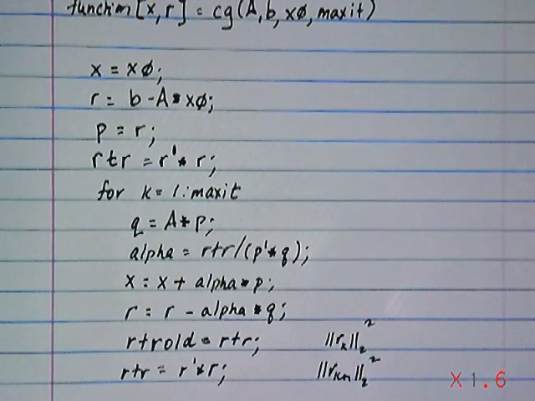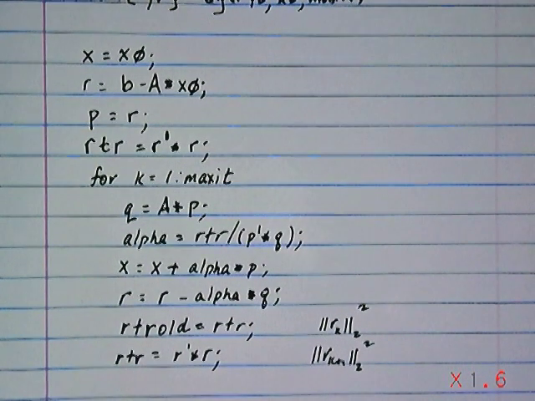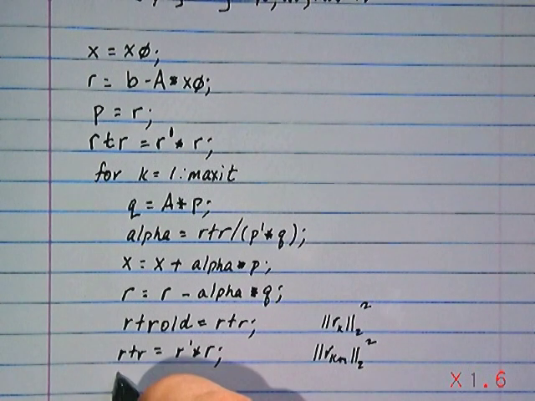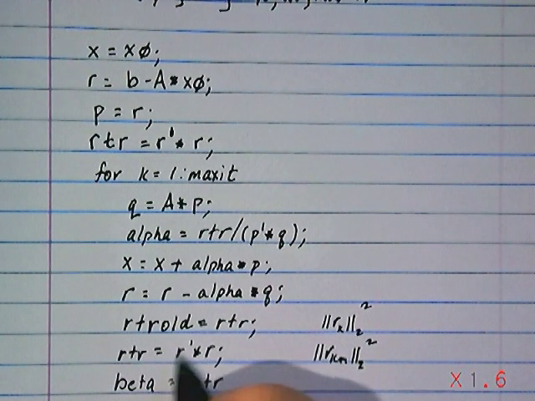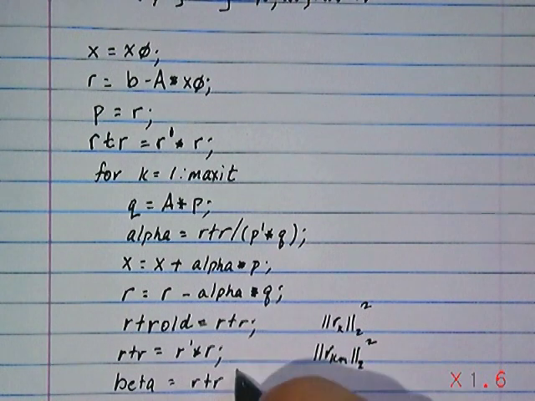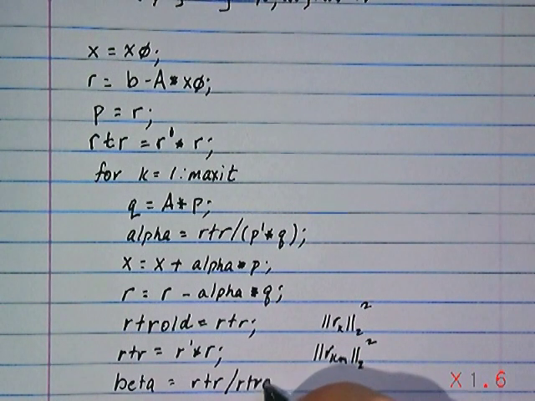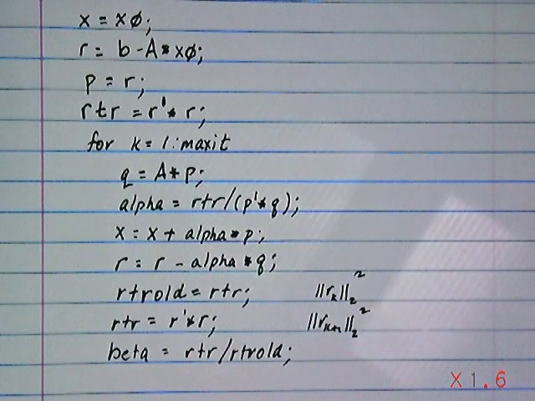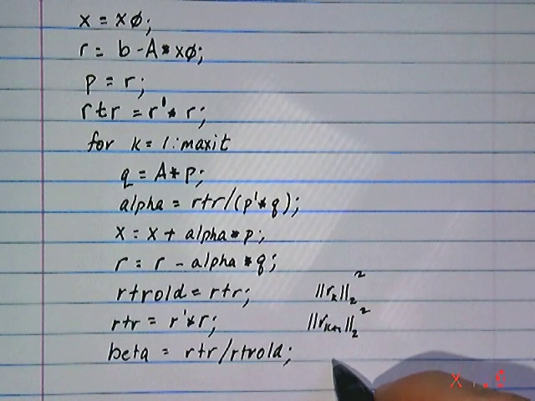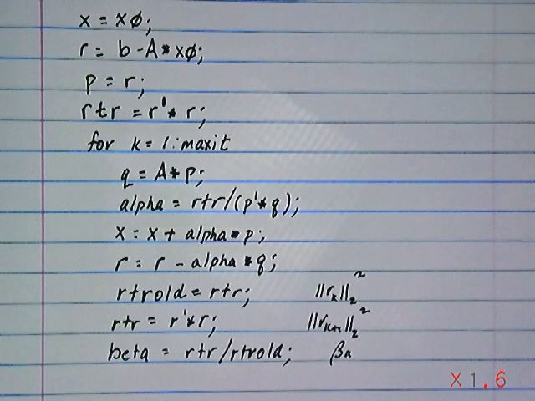So now we're in the position of producing the beta parameter. So we will go ahead and use beta, and beta has to be the new RTR divided by the old RTR old. Now we have the beta parameter. Again, this is essentially just beta k that we've produced there.